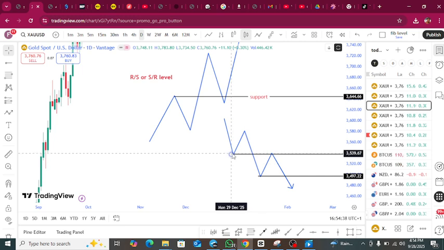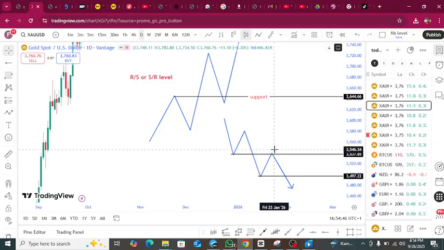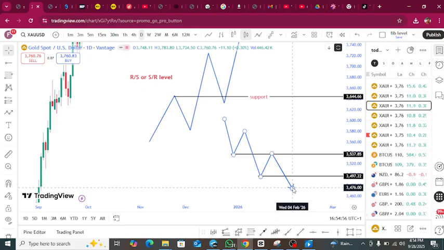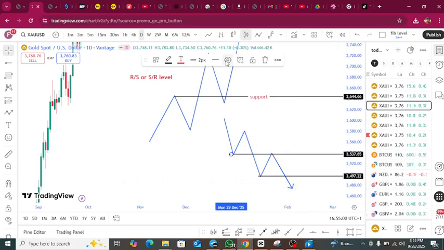So now this place that was once a V level is now a resistance break support level, because all you need to do is wait for price to come back and retest it. All you are looking out for is a rejection or a breakout. So once you see a rejection here, you know that price is going to come lower. Okay, so this level, this is now acting like a resistance.